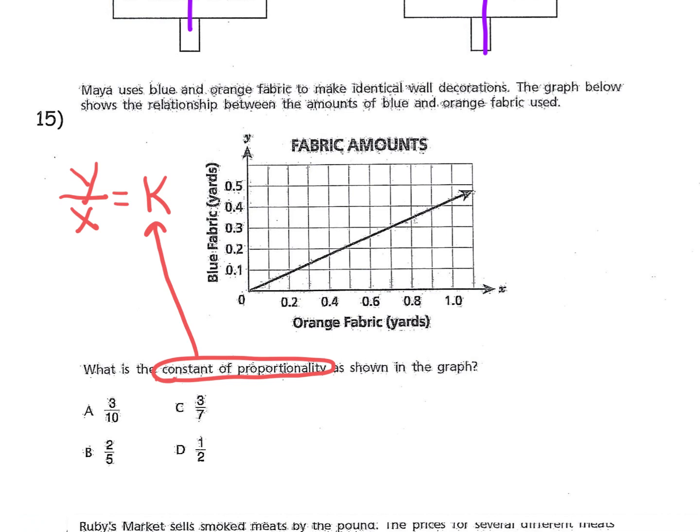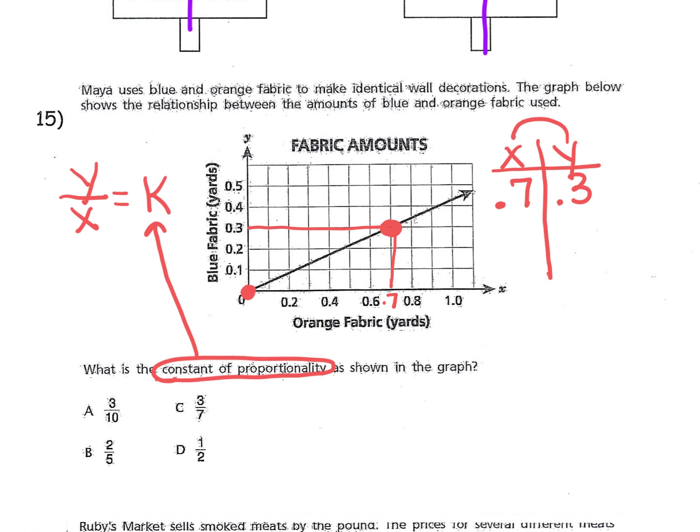Well, the minute you get a graph, you should create a table, a simple table, next to it. We're going to pull a few readable points off the line. For example, 0.7, 0.3 for your Y value.